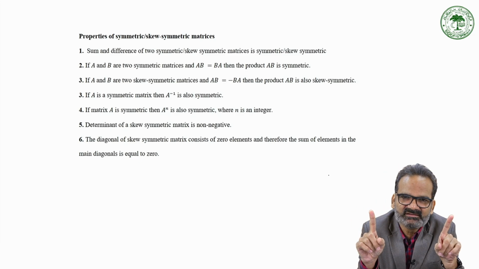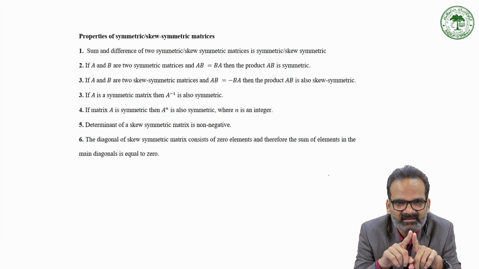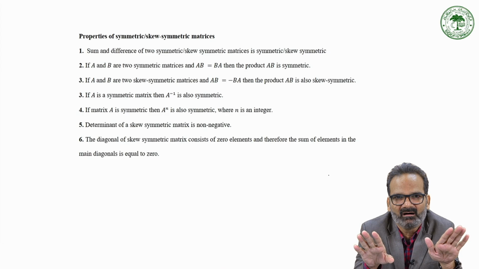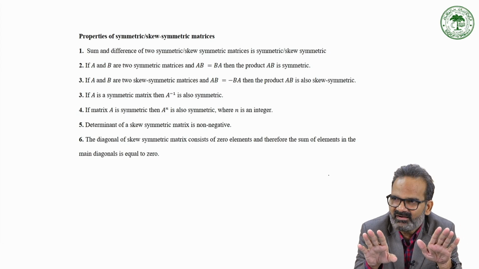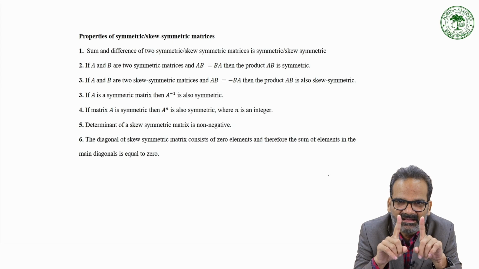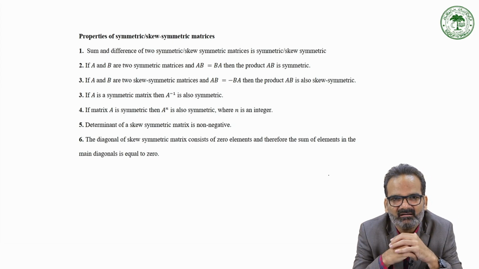If you have two symmetric matrices A and B, if you find their sum, A plus B, or their difference, A minus B, then A plus B and A minus B both are symmetric. Likewise, if A and B are skew symmetric matrices, then A plus B as well as A minus B both are skew symmetric matrices.